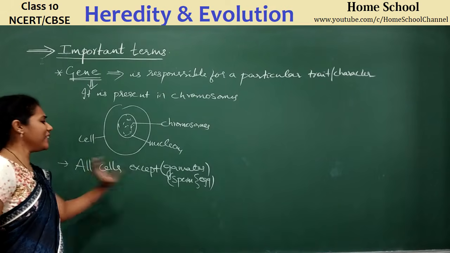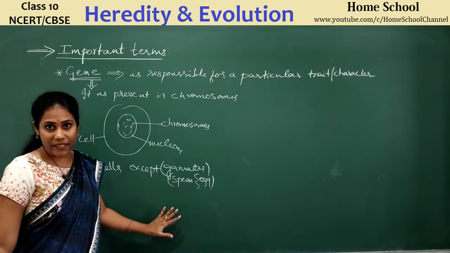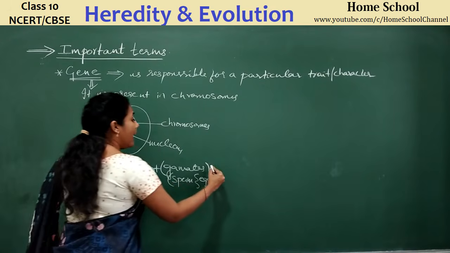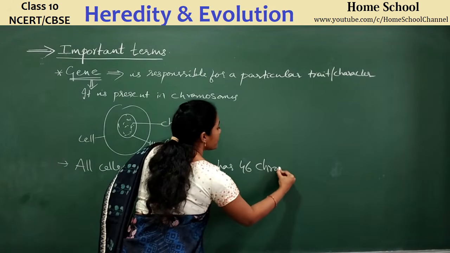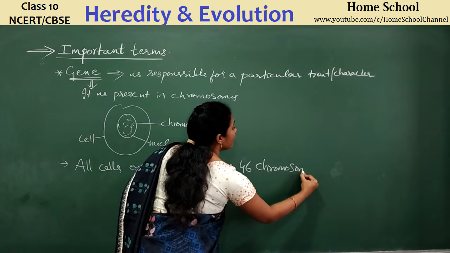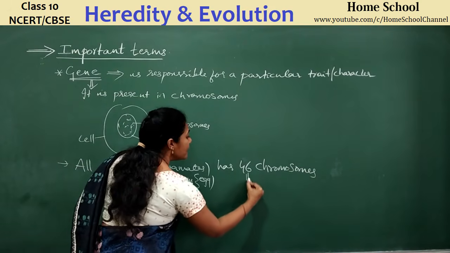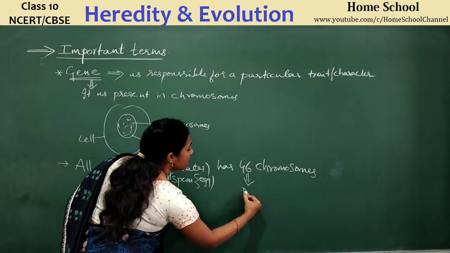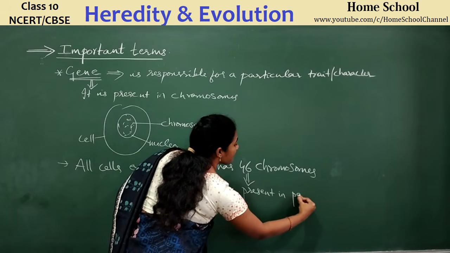Every cell inside a human body except gametes has 46 chromosomes. How many chromosomes, guys? We have 46 chromosomes. And these 46 chromosomes are present in pairs.